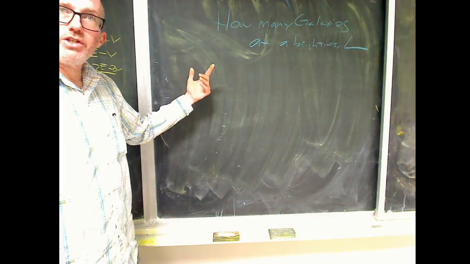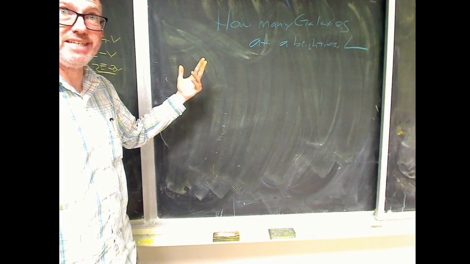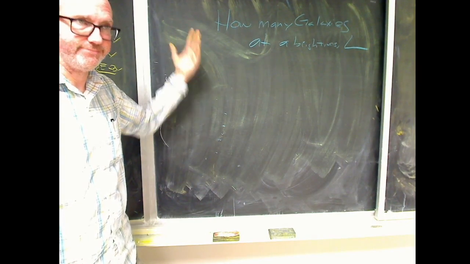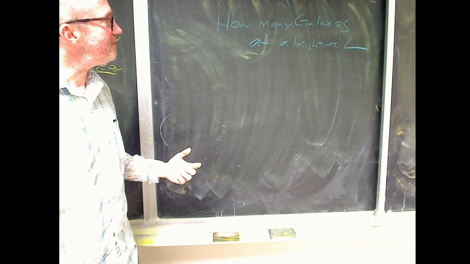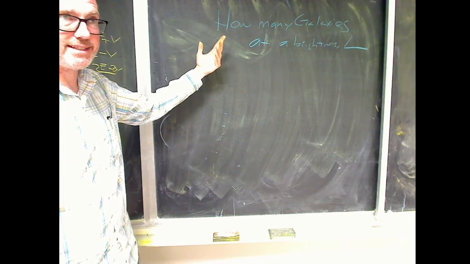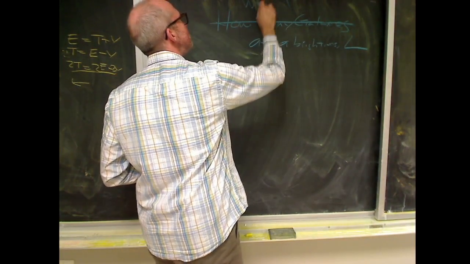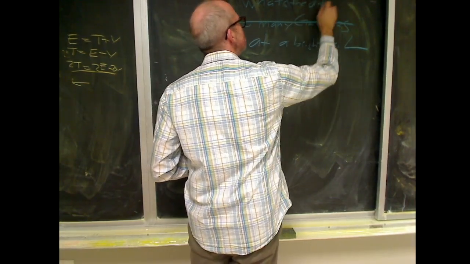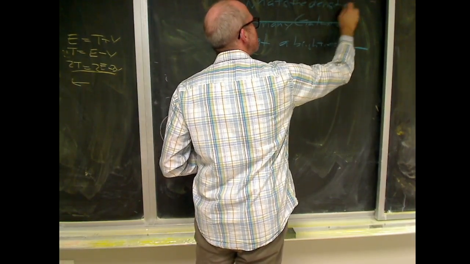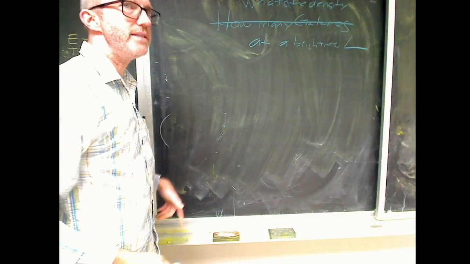This is an impossible question. The answer is infinity, because space is infinite. I'll be here all week. So this isn't a question that I can ask. What's the density of galaxies at a brightness L?